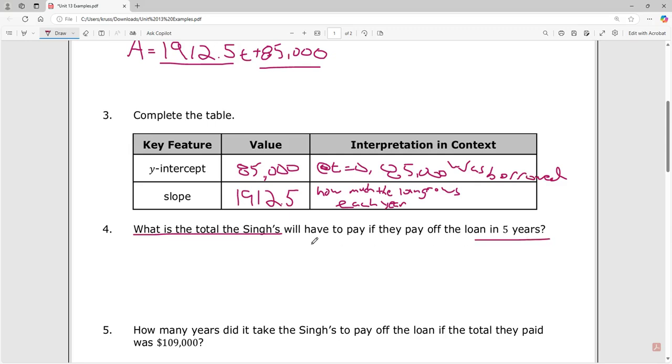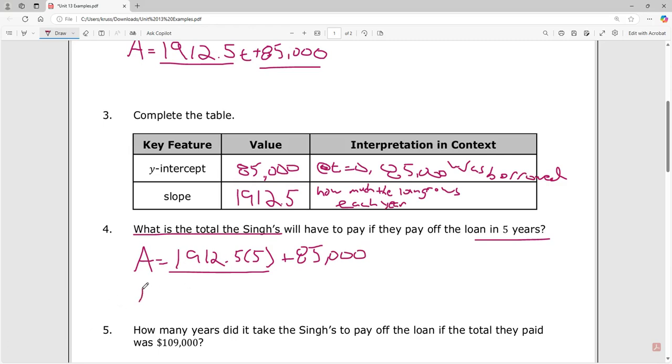So what's the total I have to pay if it's a 5-year loan, right? So we're going to put the total, which is the amount total, equals 1912.5 times 5. That's how much interest is going to be paid on top of the 85,000 that I initially borrowed.